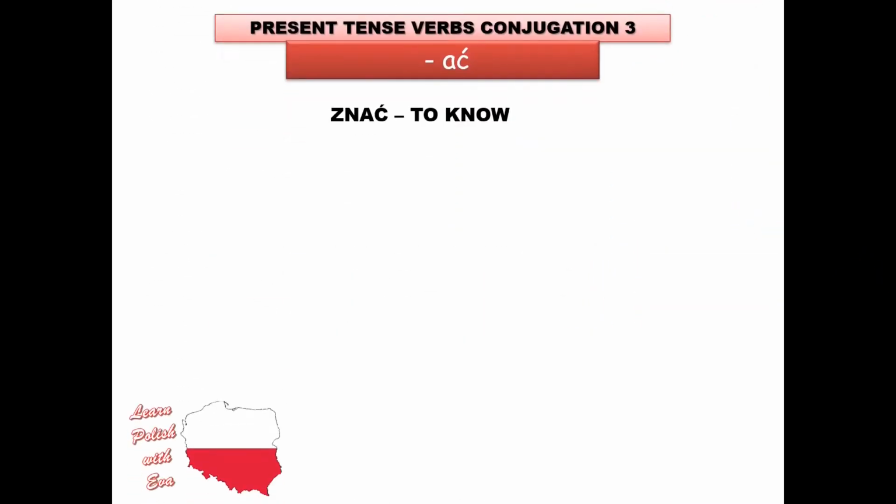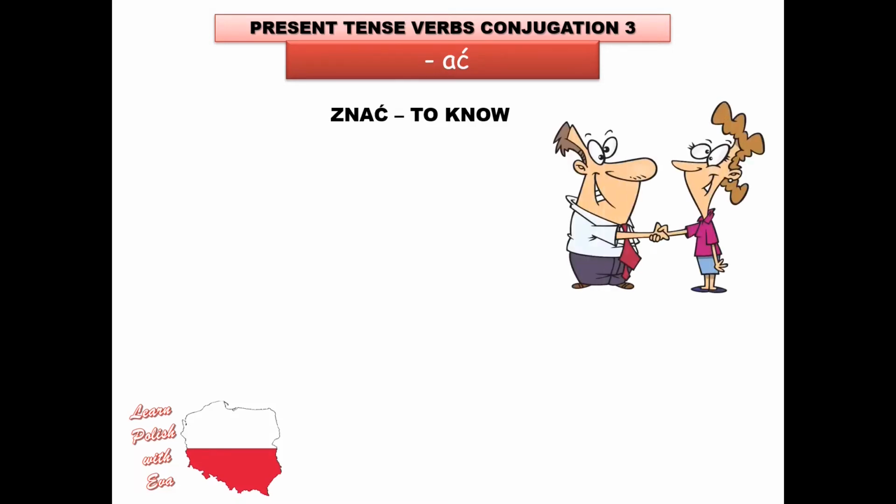Now we will look at some examples. That's how we learn the verbs, that's the easiest way. So we will start with the verb znać, which is to know. So what do we do first? We know that we always remove the last letter of the verb, no? We do, exactly, and here we will do the same.